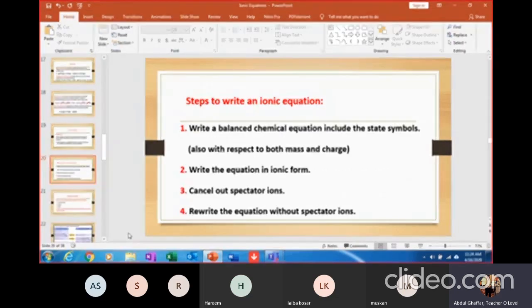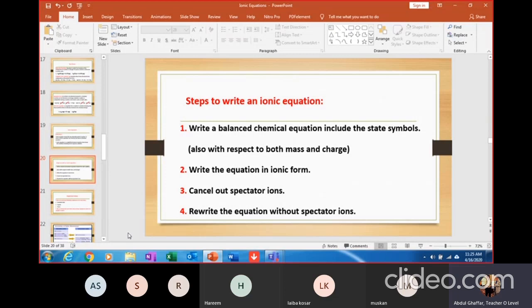Now these are four important steps for writing an ionic equation. When we write the ionic equation, we must follow these four steps. Number one, which is very important, write a balanced chemical equation including state symbols, also with respect to both mass and charge. Mass must be balanced and charge also.